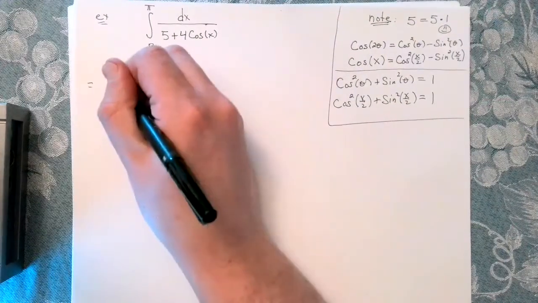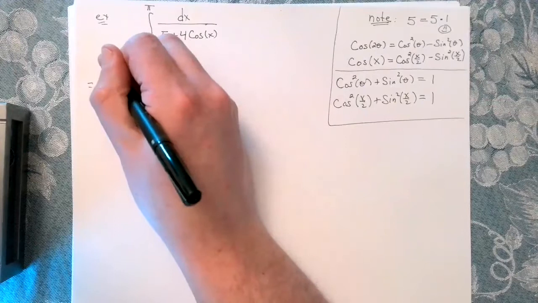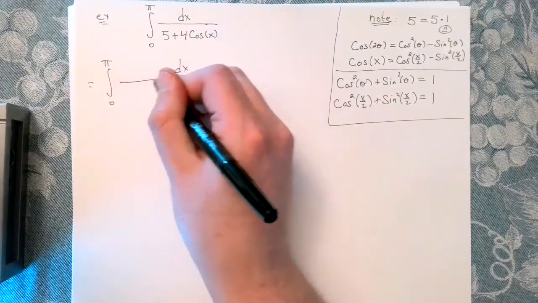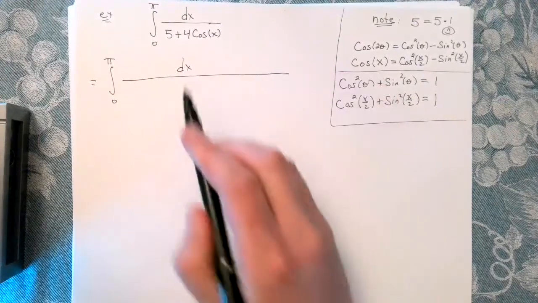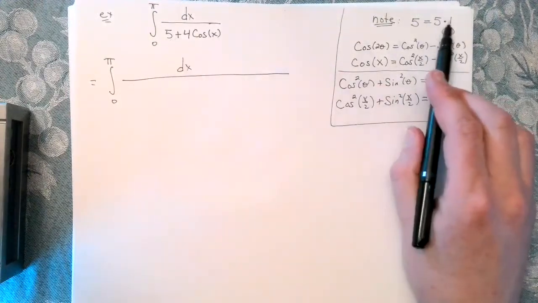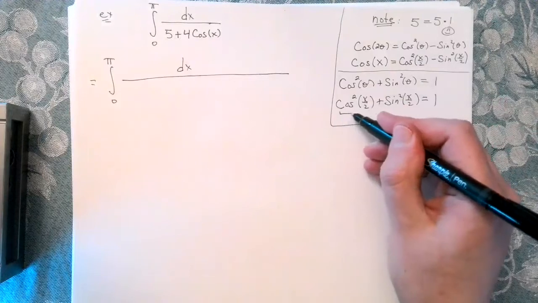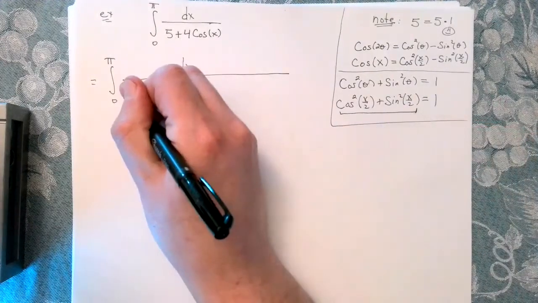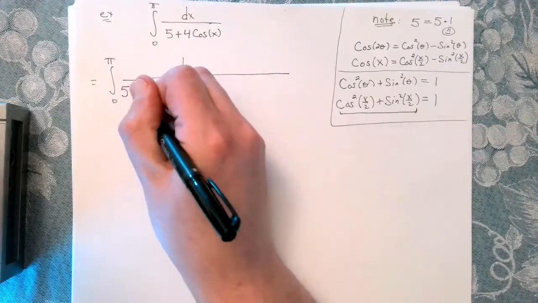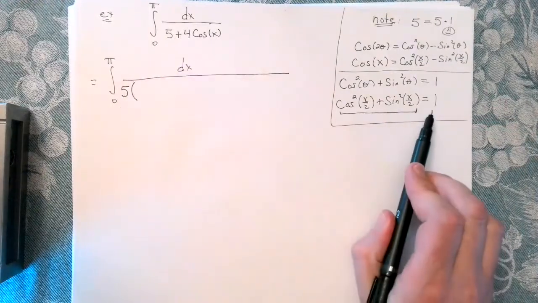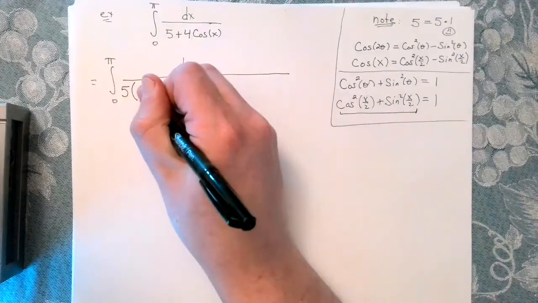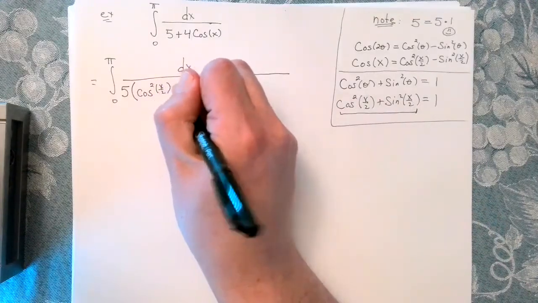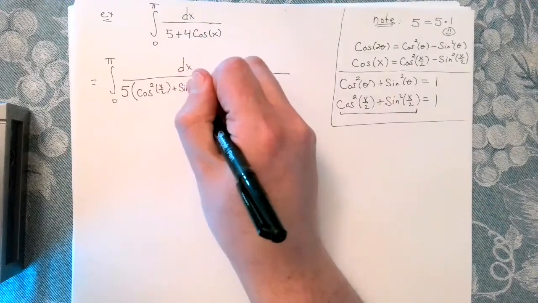Okay, so with all of these notes, we get the following. Let's see what we have here. We've got the integral from 0 to pi. dx is just fine, and I want to give myself a lot of room. So 5, we said, is 5 times 1, and this is the 1 that we want to use. This is going to be our clever form of 1: cosine squared of x over 2 plus sine squared of x over 2.